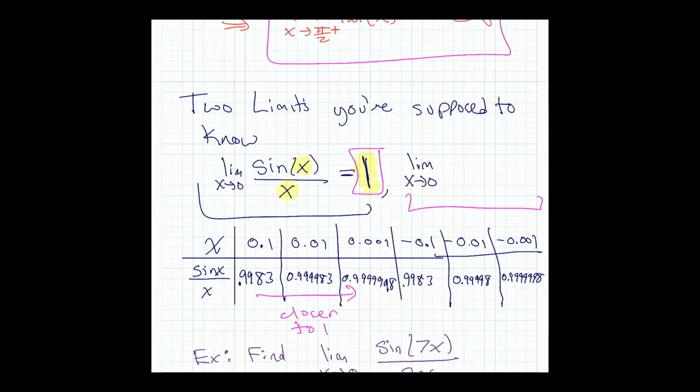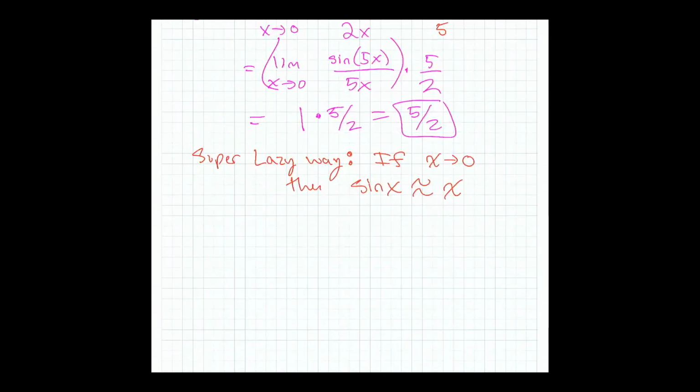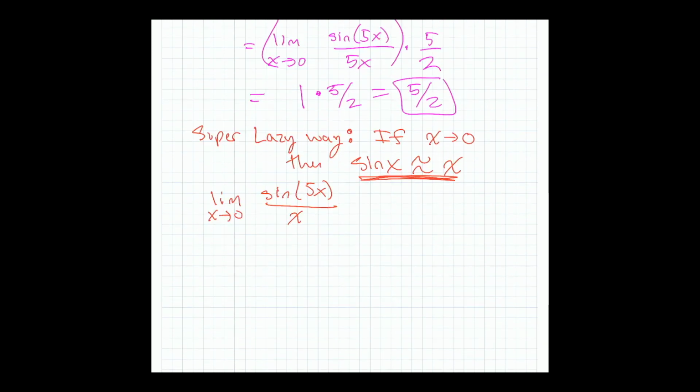It does in some sense, right? If x goes to 0, then sine x and x are basically the same thing. So if you ever have to evaluate the limit as x goes to 0 of, let's do the same one, sine 5x over 2x.